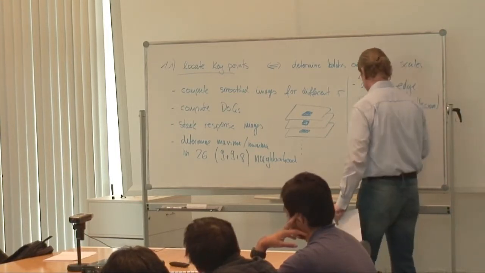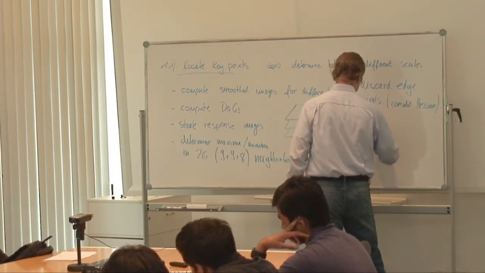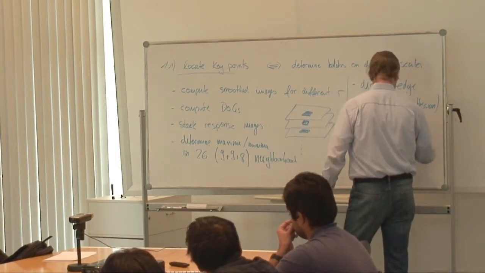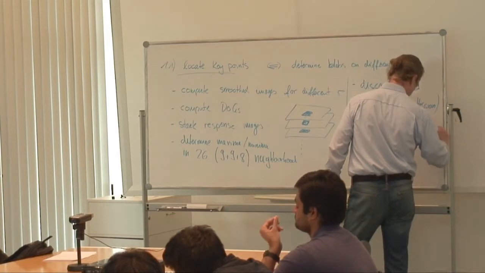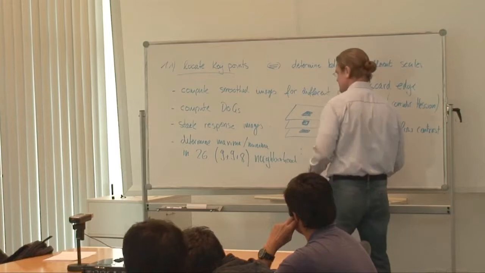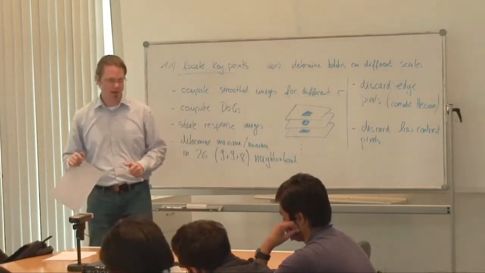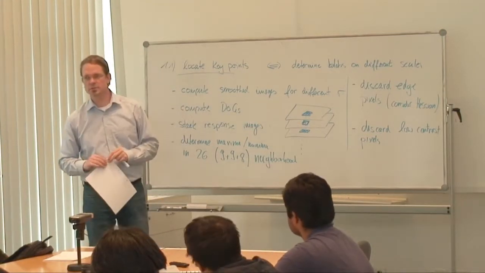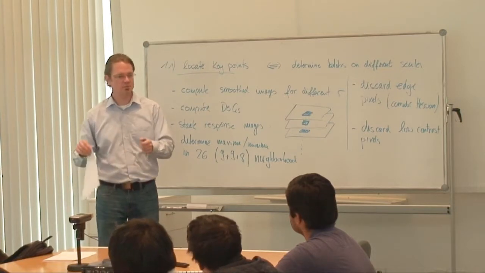Goes on. We also discard low contrast pixels. Which is to say, a pixel may be a local minimum or maximum in this representation, but it may be a pixel surrounded by rather many pixels of the same intensity.